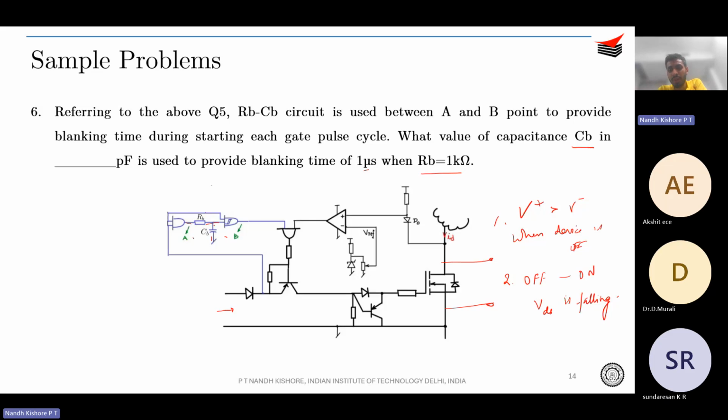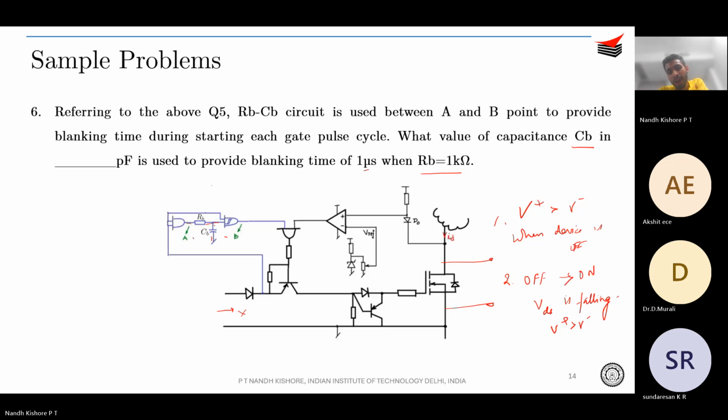During that time also your V plus would be more than V minus, during this off to on transition. Therefore, again, it would lead to a false triggering, a false overcurrent detection, and immediately the pulses would be turned off.